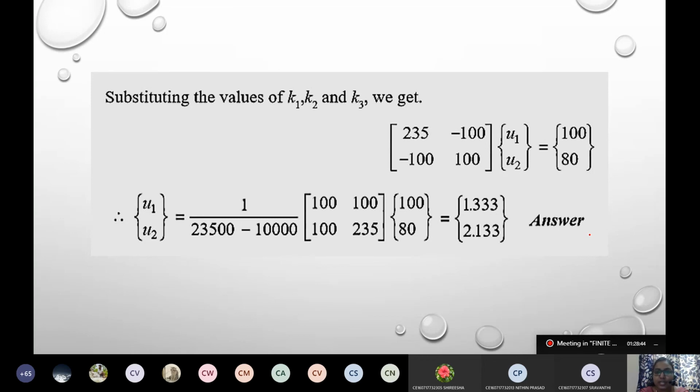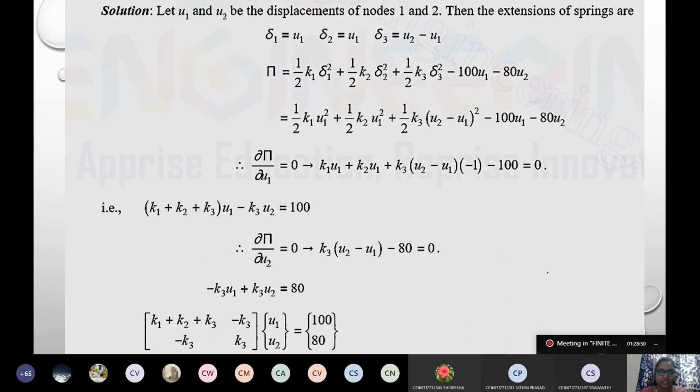There are chances that stiffness and displacements will be given and you are asked to find the F value. That will not be difficult. Once we reach this matrix form, where any two terms are given, the other term can be easily found out. All right. Are we clear until here?